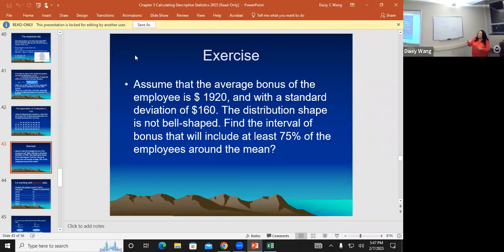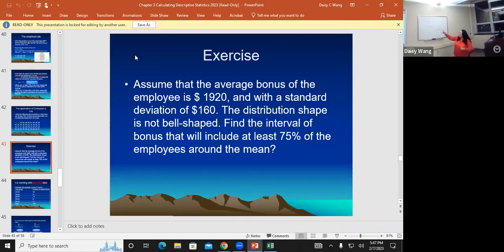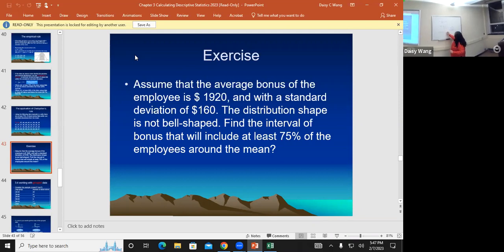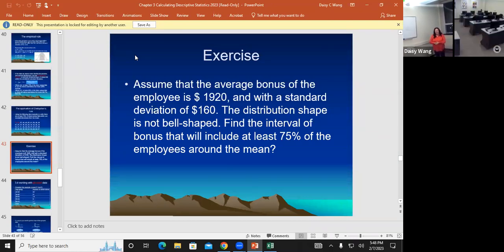So it would be 1,920 plus minus 2 times 160, plus minus 320. So it'd be 1,600 to 2240. You can take pictures. And then for 3, you just spread it out more along that line.